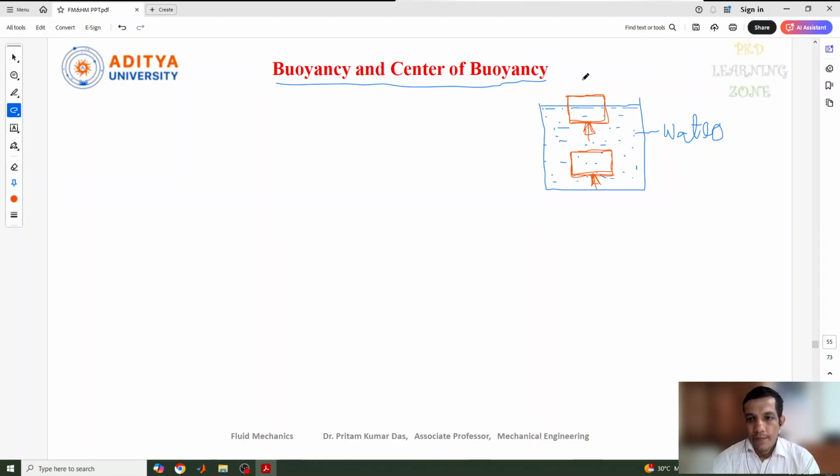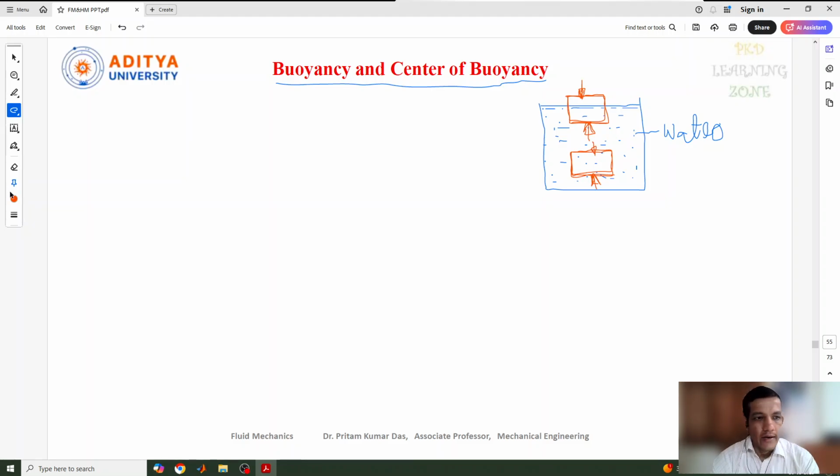And one more thing, for each body, for this one and for this one, there is a self weight, and due to this weight, it always tries to go down because of gravity. So here also it will be the same.